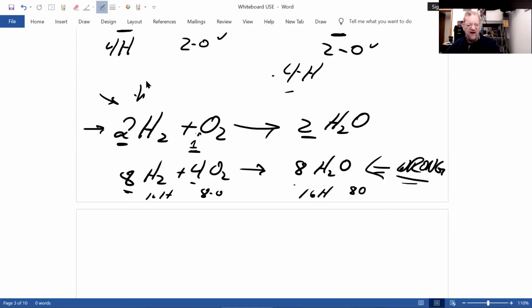So if I divide all these by 4, I would get this, which is the correct way. And if you write this on a test like this, I'm going to give you 0 points. So make sure you remember, if you can divide all the coefficients by the same number and get a whole number each time, not a fraction, then you better do that, and that's the numbers you use.